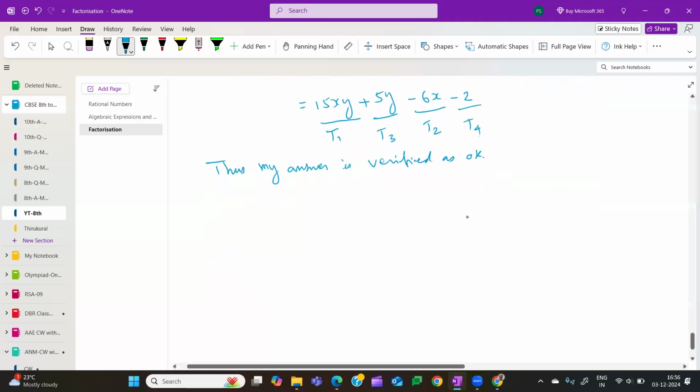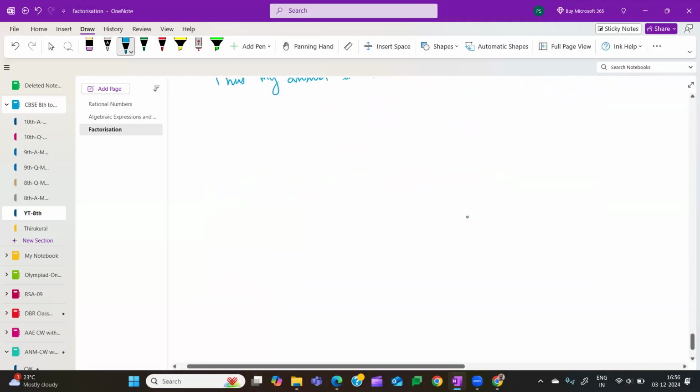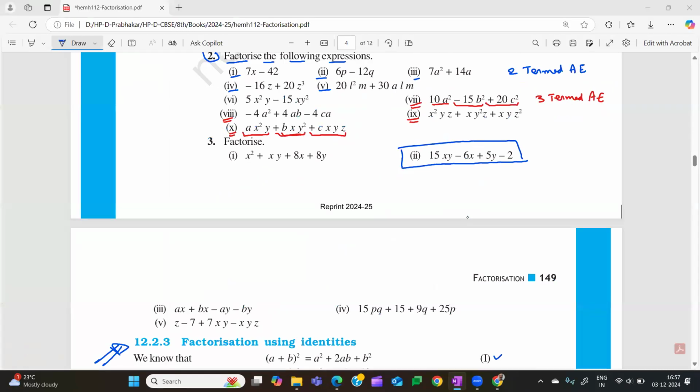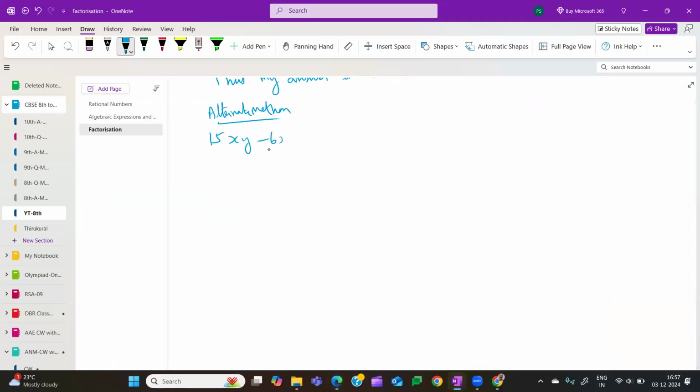Some children are asking why we cannot group the first term and the third term. You can group any way, but it is very easy to work out like this. Shall we see that? This is the alternate method. 15xy minus 6x plus 5y minus 2.